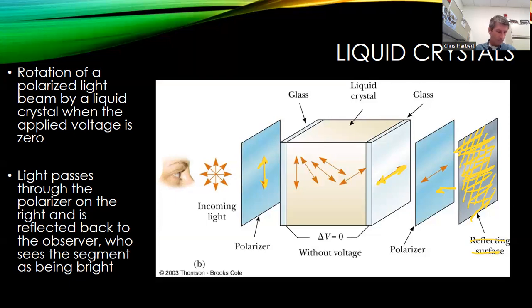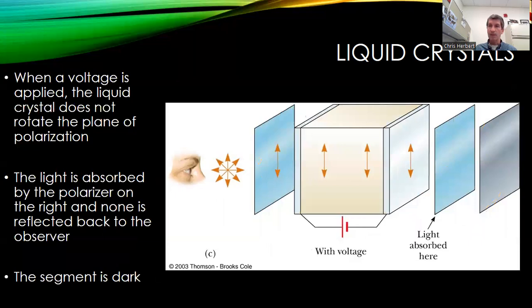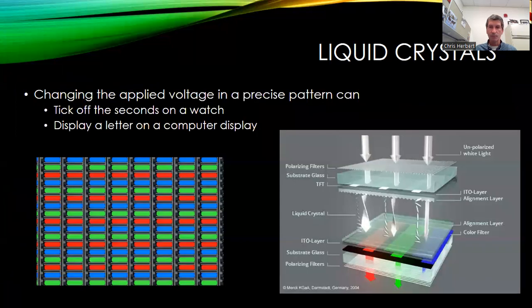Now, what happens when I turn this voltage on? Well, it now changes the liquid crystals, and they now become aligned with the field. So now the light coming from my source is going to make it through the first polarizer, okay, and then pass through the second polarizer too, okay? Makes it through both polarizers.